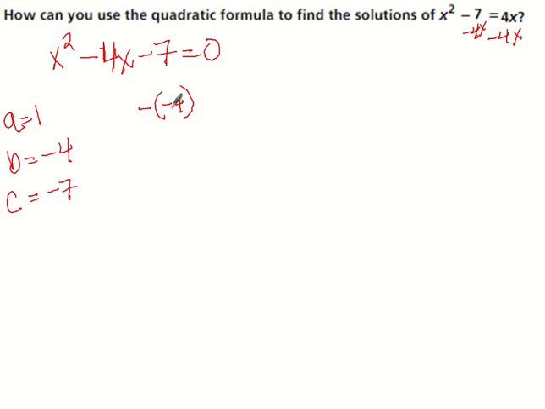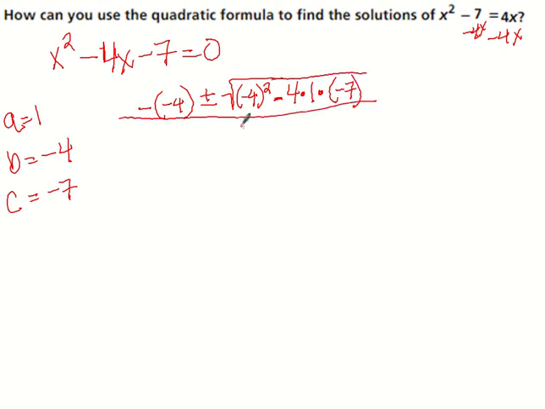So the opposite of b, plus or minus the square root of negative 4 squared, minus 4 times a, which is 1, times negative 7, which is c. And then we're going to take all of that and divide it by 2 times a, which is 1.